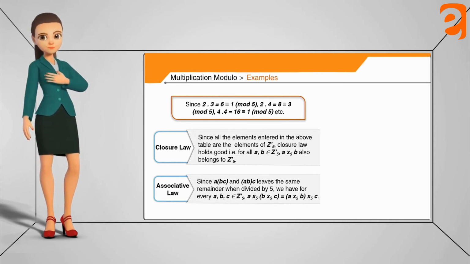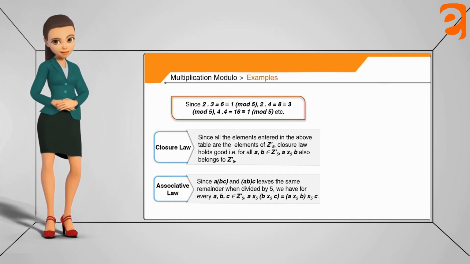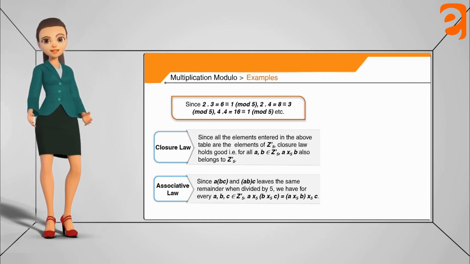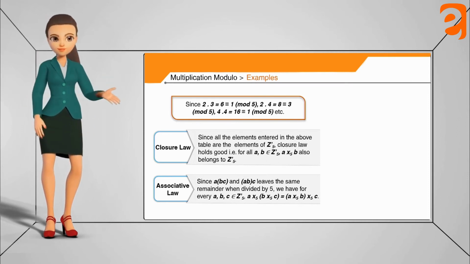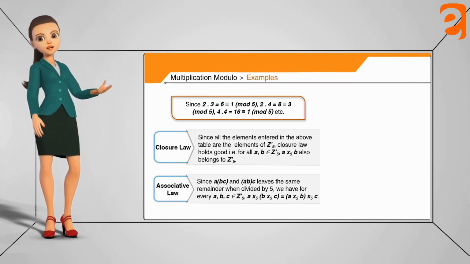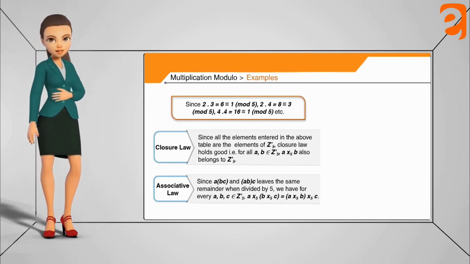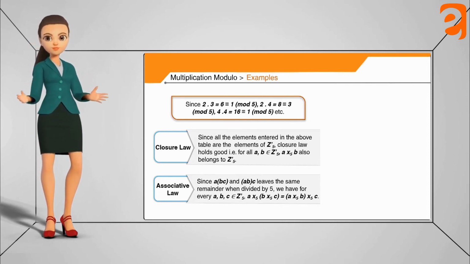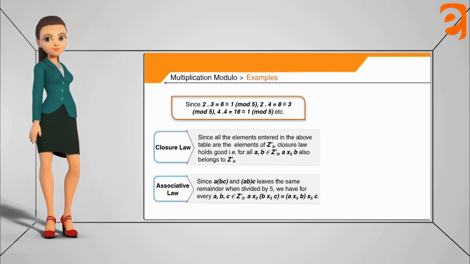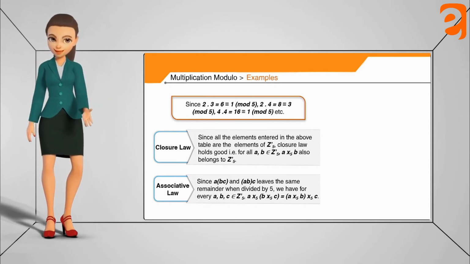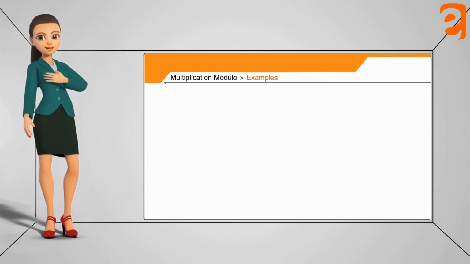Similarly, the associativity law, if you look at the table, you can easily show that A multiplication modulo 5 into B multiplication modulo C is always equivalent to first taking the multiplication modulo 5 with respect to A and B and then taking the multiplication modulo with respect to C. The result is always going to be the same.